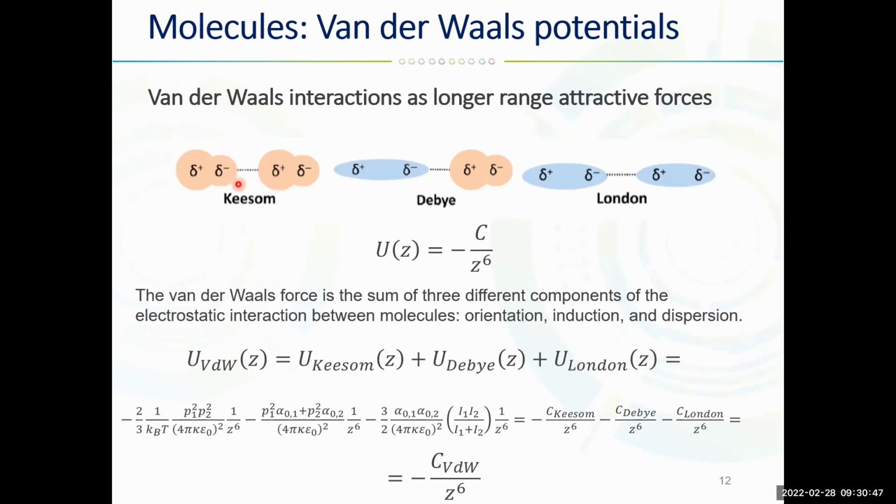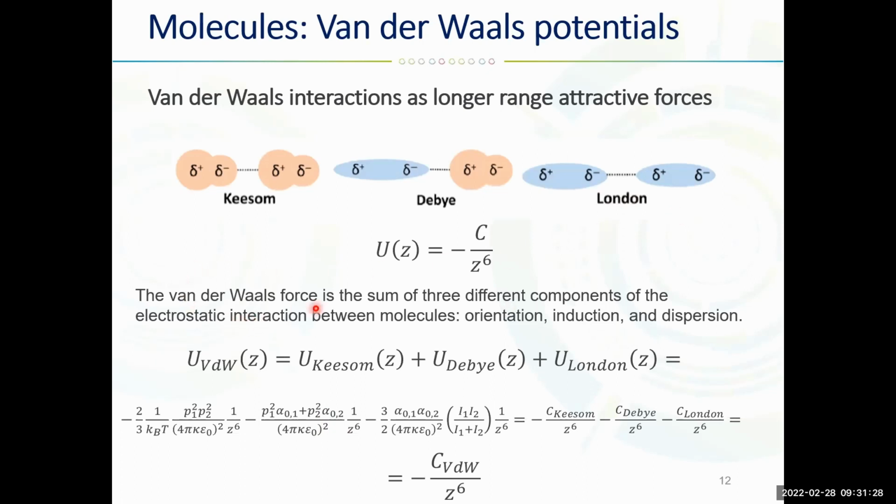So they arise when the plus end of one dipole molecule is attracted to the minus end of another dipole molecule. And this is the full calculation for the Keesom force. We talked a bit about the Debye force already, it is here. And then the London force. London is dispersion interaction, and it arises when a temporary imbalance of electrons of a non-polar molecule induces a temporary dipole in another nearby molecule.